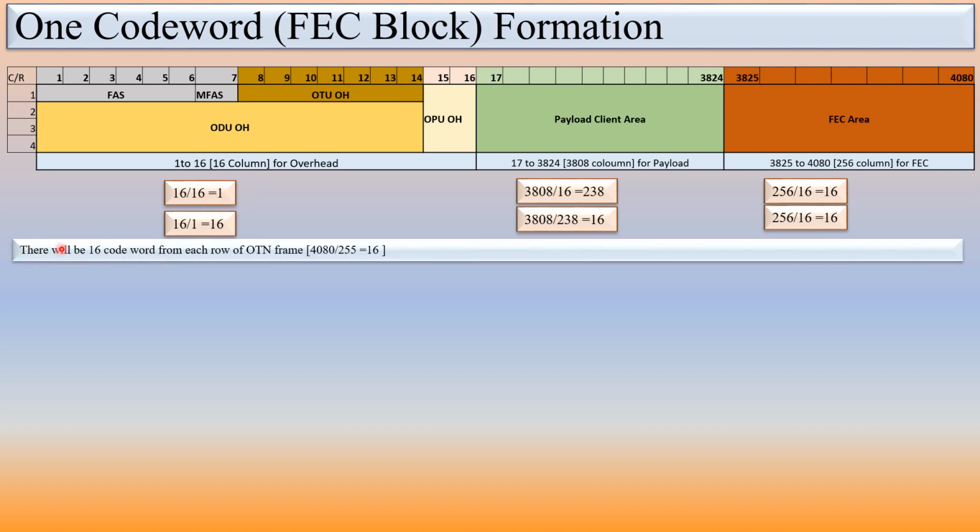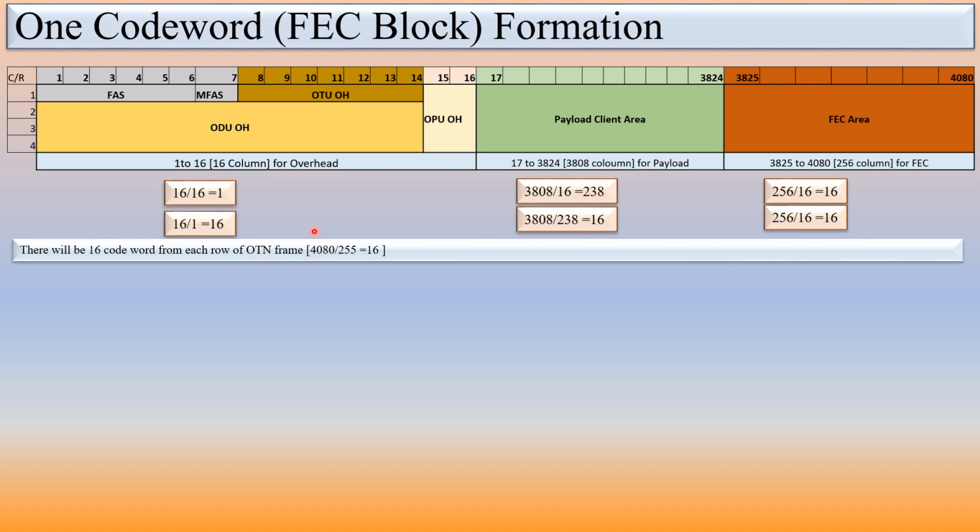There will be 16 code words from each row of the OTN frame. You can see here 1, 2, 3, 4: there are 4 rows in the OTN frame. In the first row there are 4080 columns, or 4080 bytes. From each row there will be 16 code words. How many bytes in each code word?